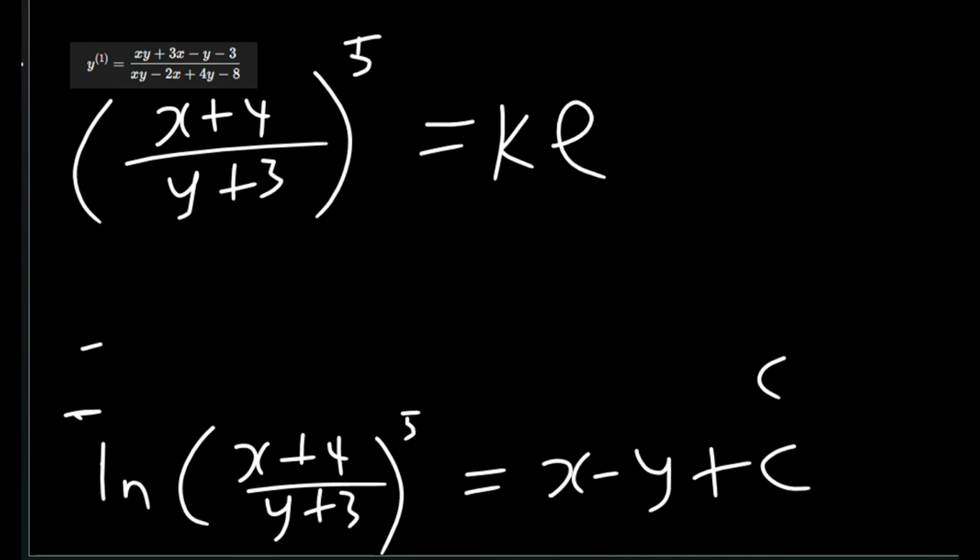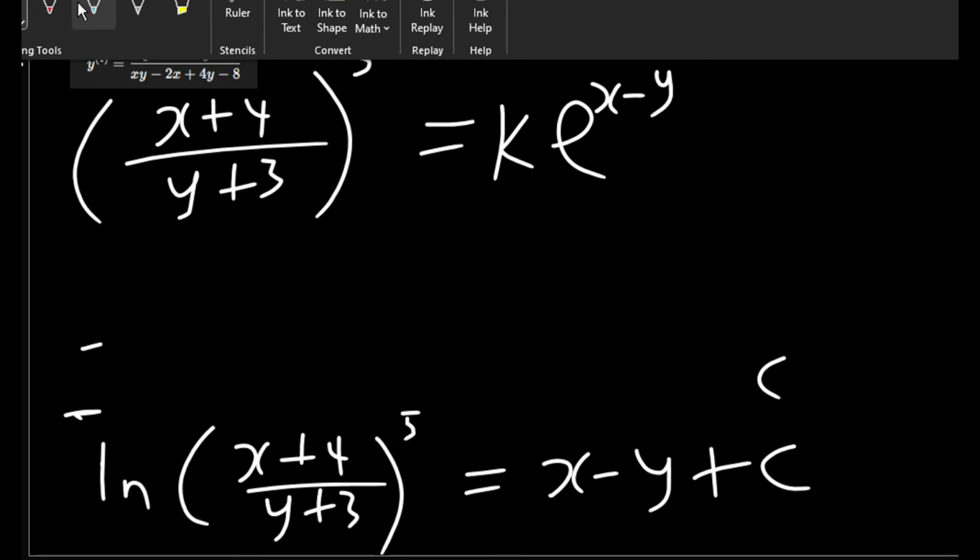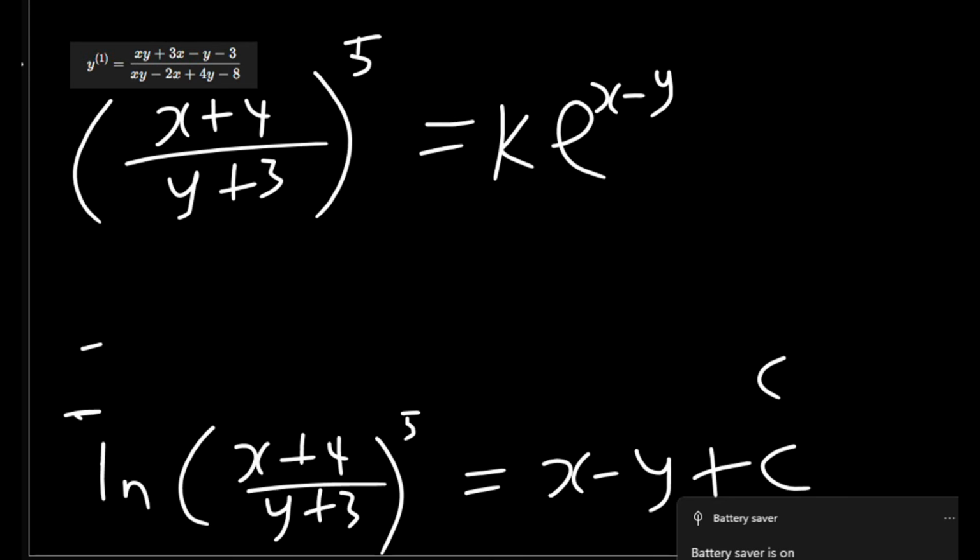So multiplied by e to the power x minus y. You can put those in brackets, the x minus y. Okay, so this could be our final answer. Yes, this is our final answer.